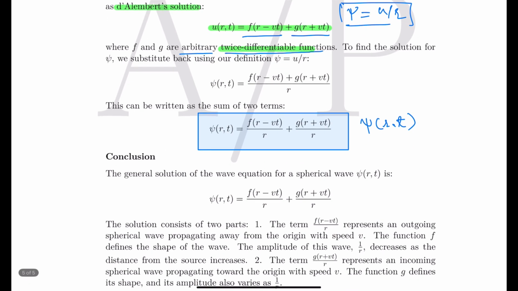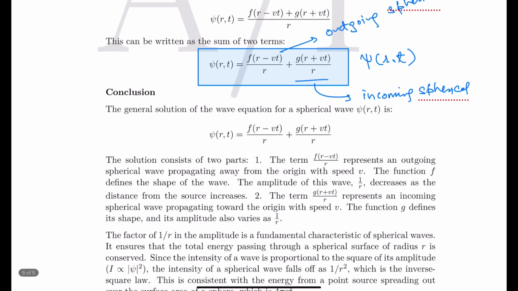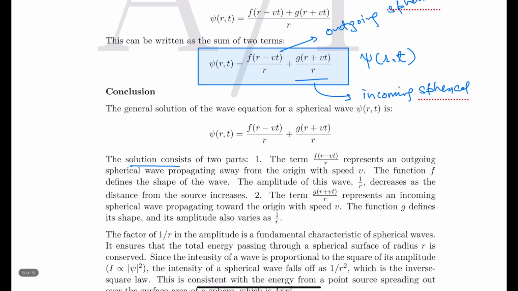And you know that the first term is the term for the outgoing spherical wave, and the second term represents the incoming spherical wave.